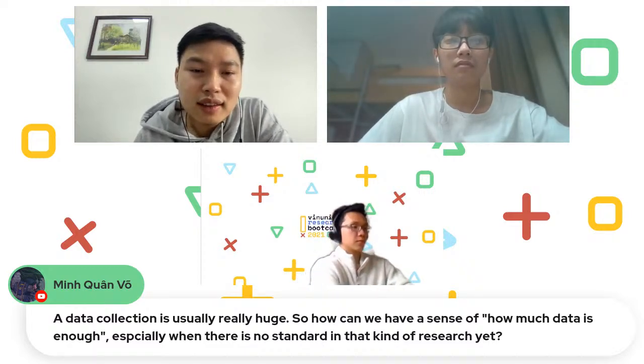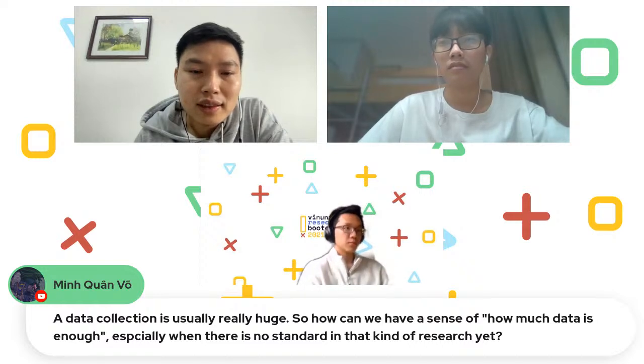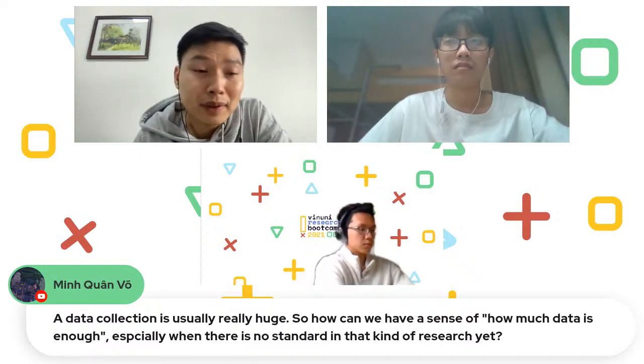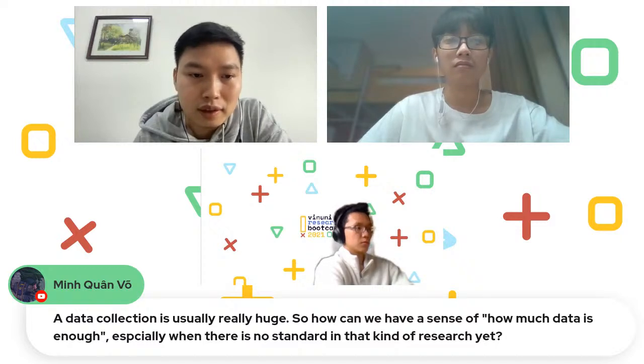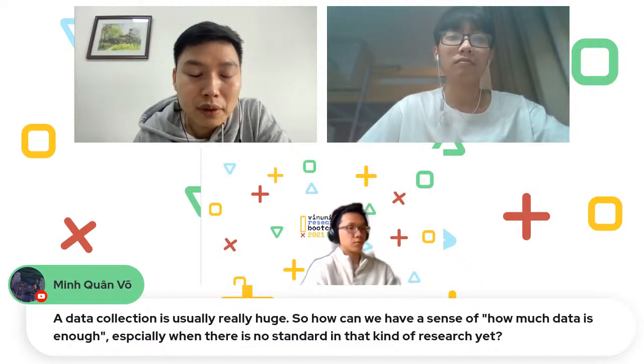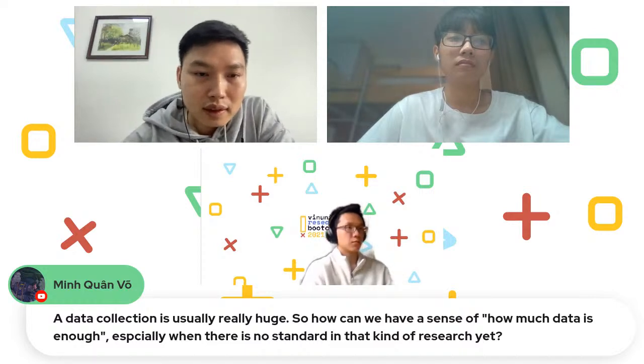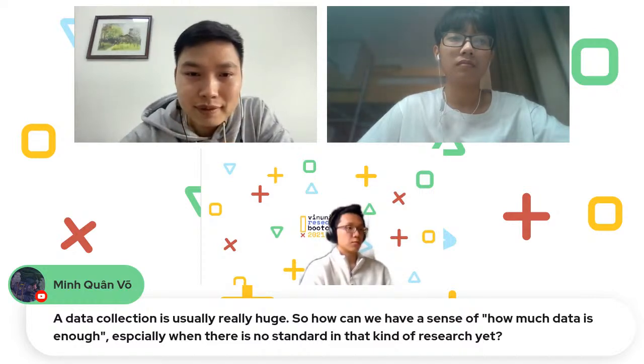The standard here is still being studied, but we can borrow some theory from statistics to provide quantitative evaluation of how much data is sufficient for the research question. I hope this answers the question.